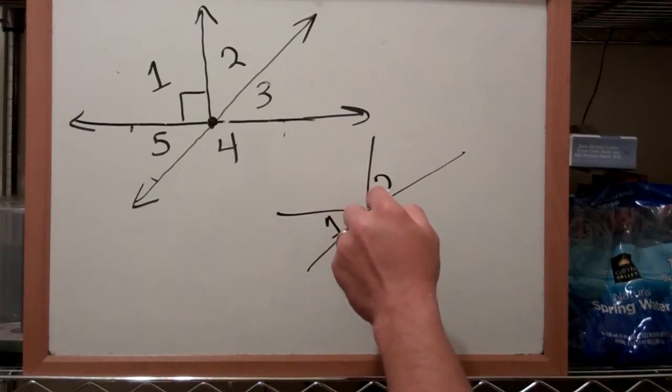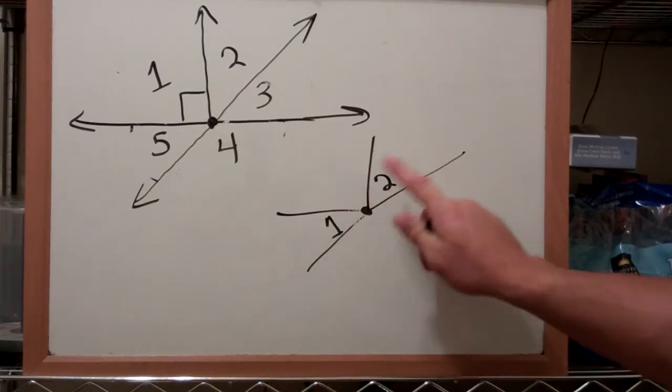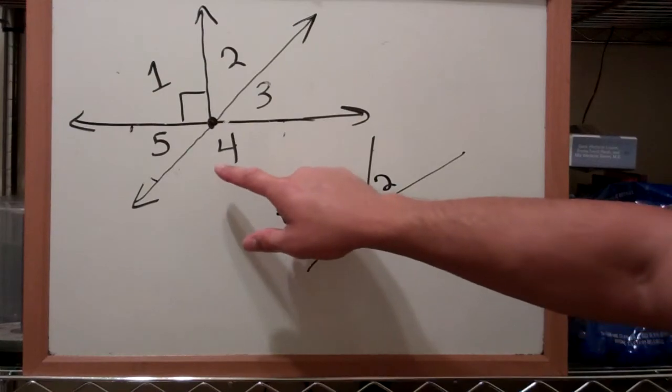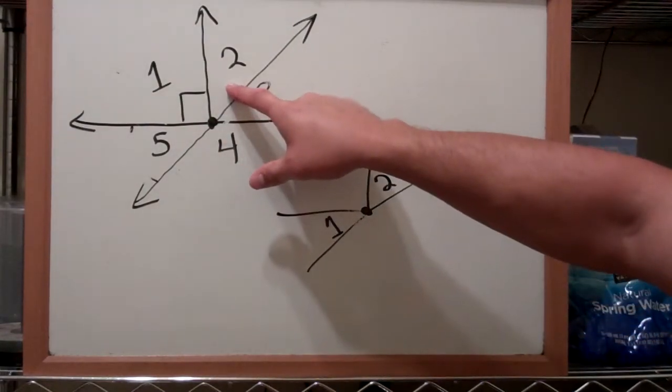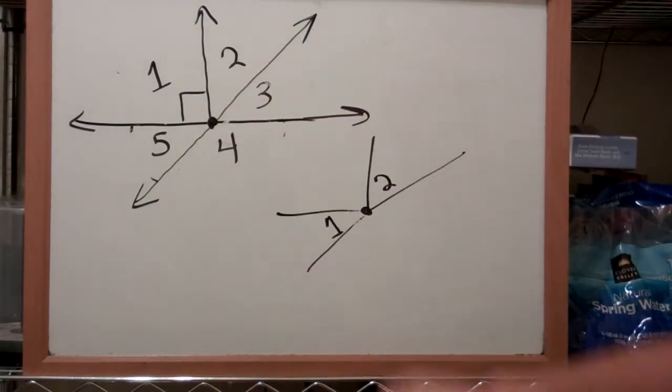Let's say this is 1 and this is 2, and they share that common vertex. Angles 1 and 2 here are not adjacent angles. In the diagram, we would not say that 5 and 2 are adjacent, because they don't share a common side. Nor would 4 and 2 be adjacent angles.